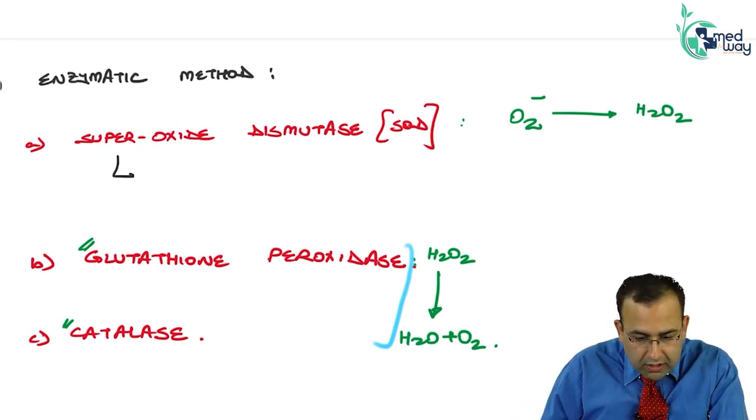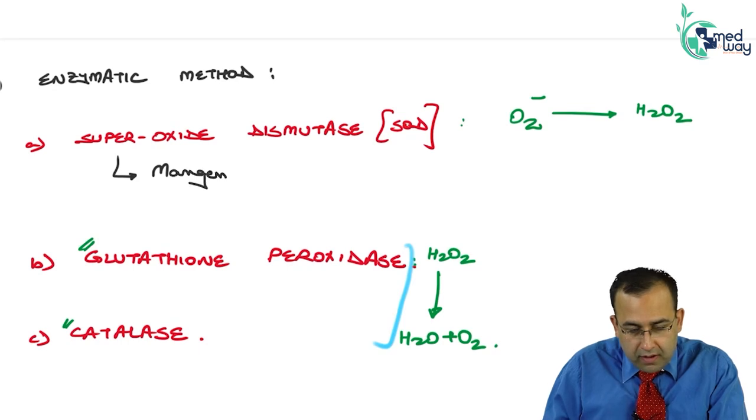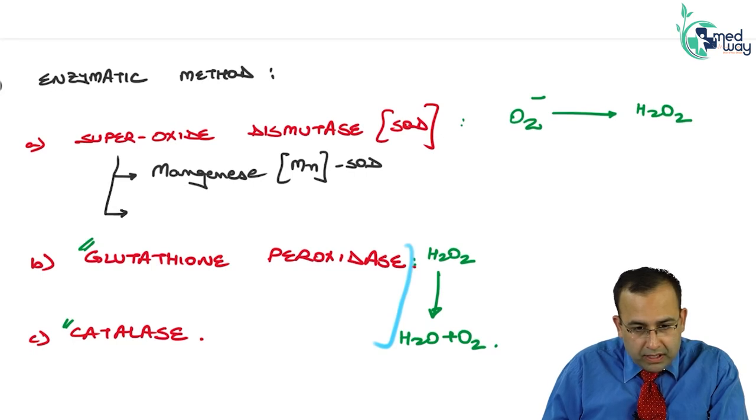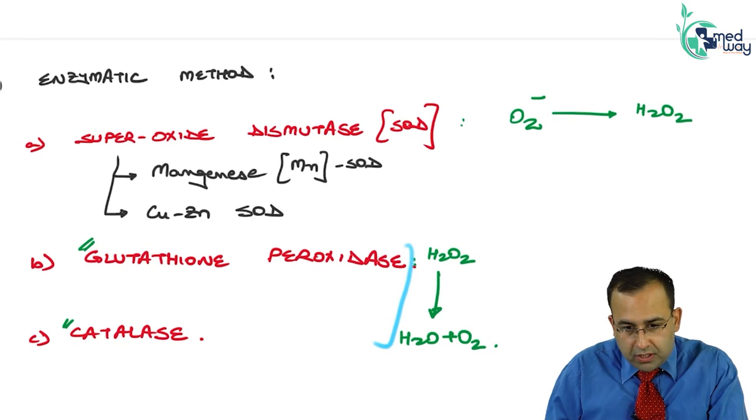I can divide superoxide dismutase into two types. Manganese superoxide dismutase, MN, and copper zinc superoxide dismutase. एंजाइम दो टाइप का है बच्चे.